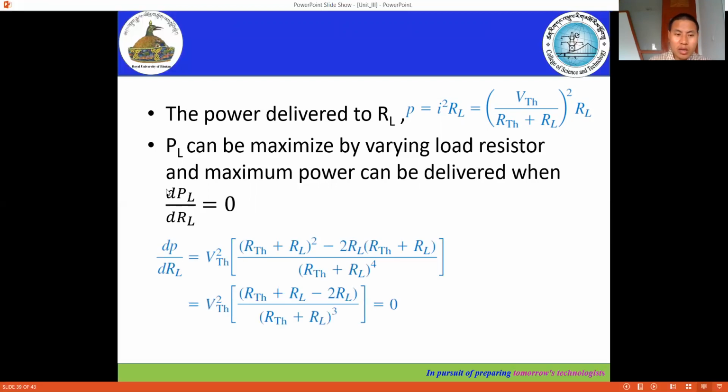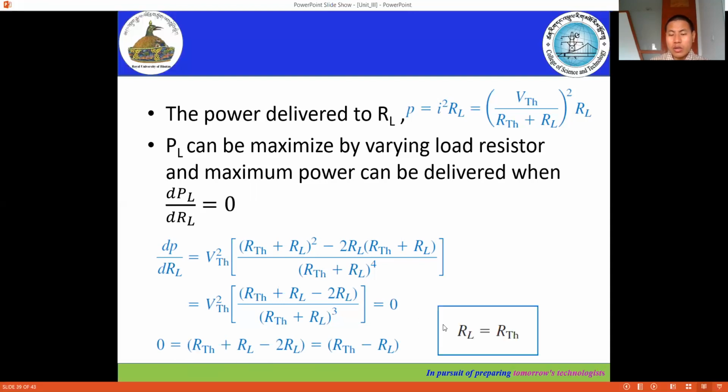If we substitute PL and simplify, and then simplify further, we get 0 is equal to RTH minus RL, which means RL is equal to RTH. At this point, when RL is equal to RTH, we get the maximum power transfer.